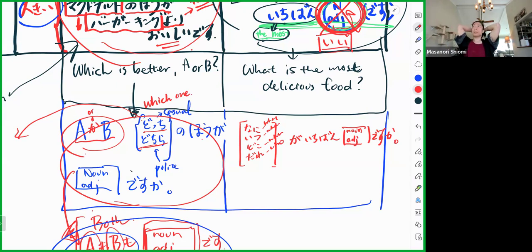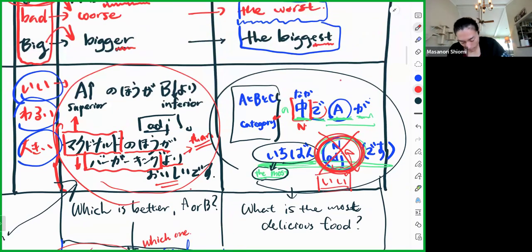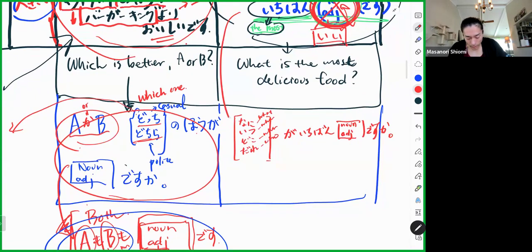Okay. So for example, if you want to ask, hey, among Pokemon, which one do you like the most? Of course, we can use that among Pokemon thing here. Pokemon no naka de. In that case, when we are asking about which Pokemon do you like the best, which question word would be most appropriate?